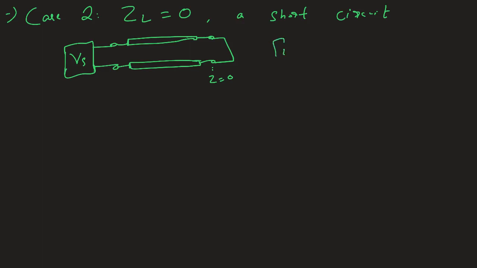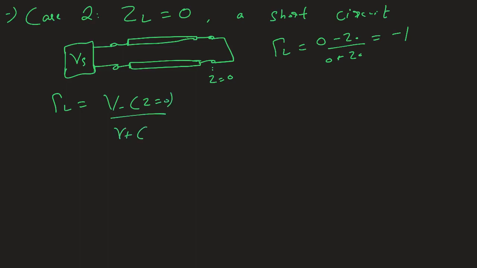So gamma L becomes equal to 0 minus Z naught over 0 plus Z naught, which is equal to minus 1, right? So gamma becomes equal to minus 1, but we know that gamma L is equal to V minus at Z equals 0 over V plus at Z equals 0. So this becomes equal to minus 1. So that means that V minus at Z equals 0 is equal to minus V plus at Z equals 0.